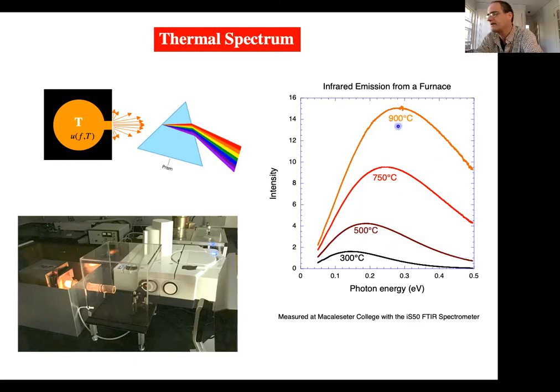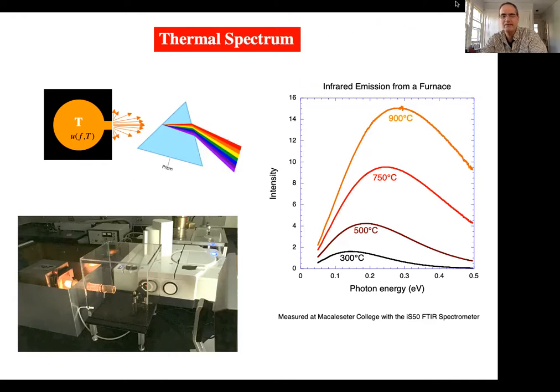So at 900 it's here, 300 down here. In addition, the total amount of power, the area under the curve, grows very rapidly with increasing temperature. Okay? So these are some of the properties we'd like to talk about. First, I just would like to write them down for you and show you how these can be applied.